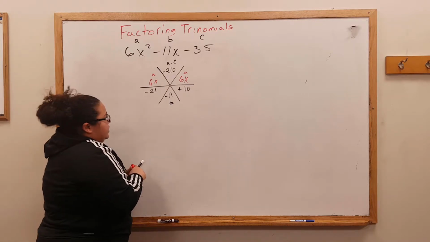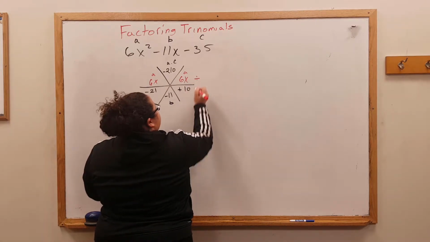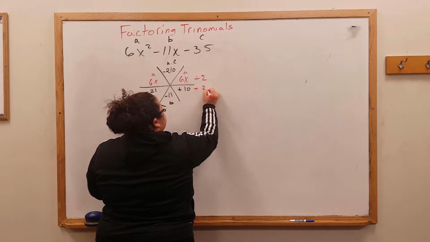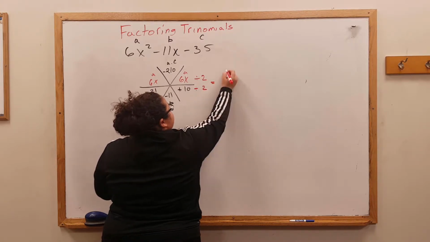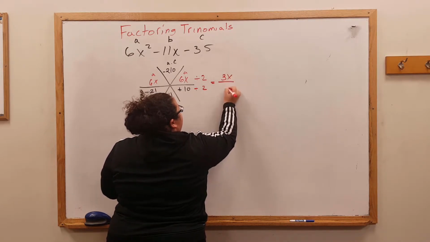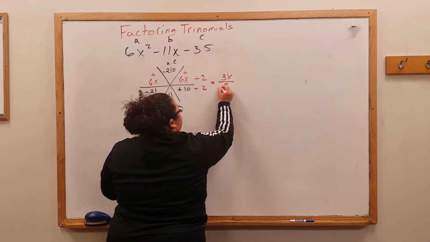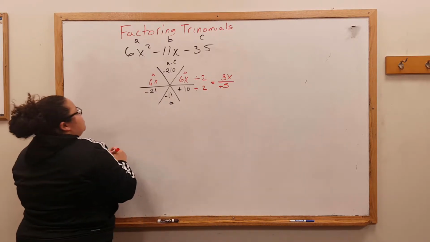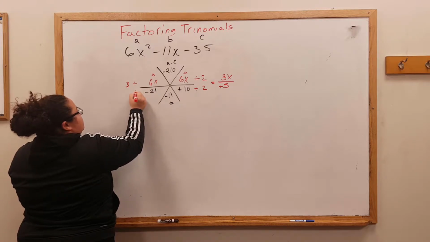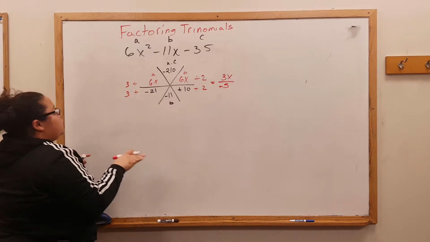So what we're going to do is divide over here by 2, which gives you 3x over 5. And over here you're going to be dividing it by 3. All we're doing is simplifying.